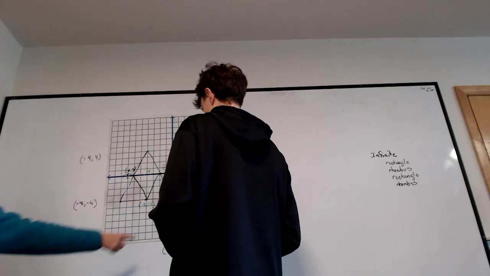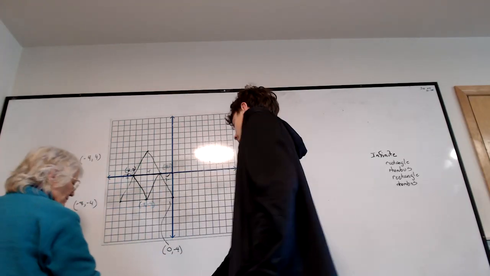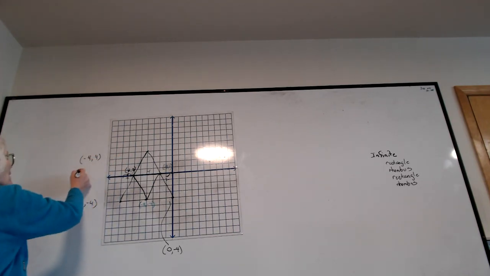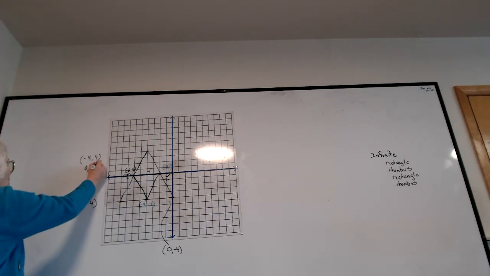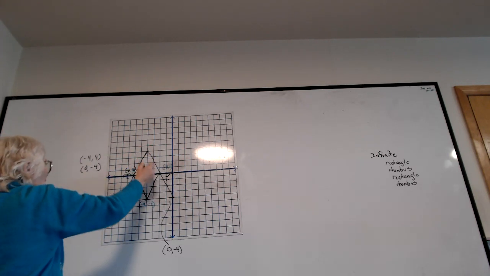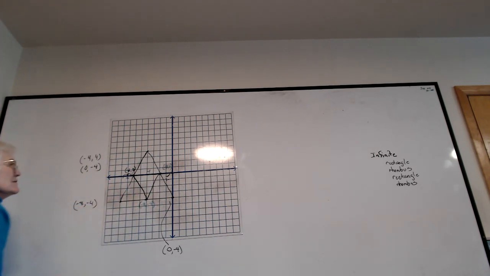What about this length? What do I know about this length? What is the length of the big triangle? 8. Is it 8? How would we find that? So we went from -4 down to 0, -4. What was the length that I went in this direction, down? How far did I go down?